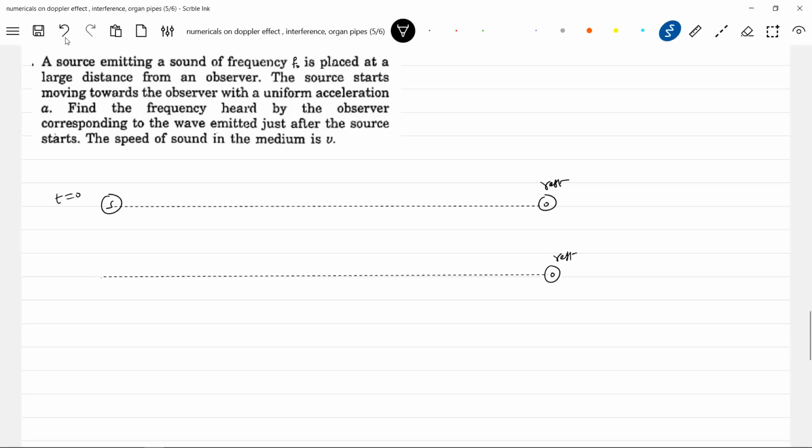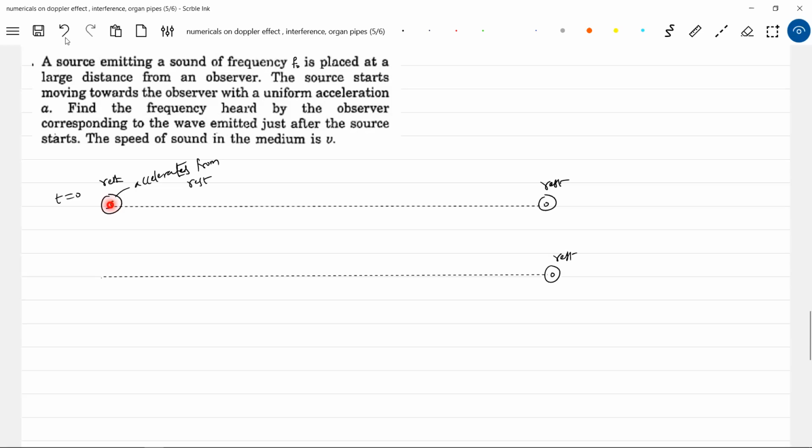So what is actually the meaning of this? We have to understand. See, actually, whatever the state of the source, it will accelerate from rest. So this source, at minimum, it has to generate one wave, no?